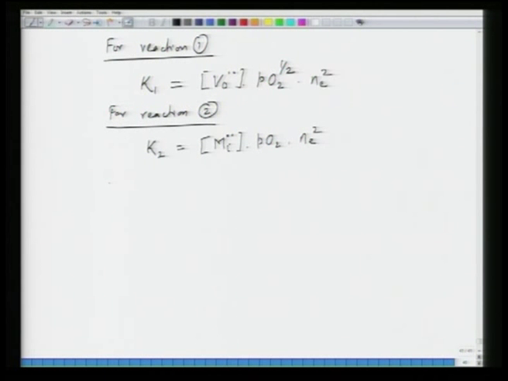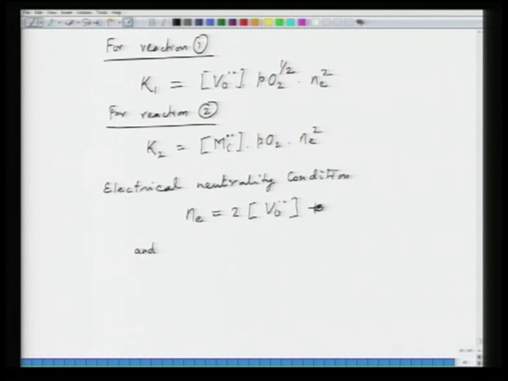Now, what is the electrical neutrality condition? That says that in reaction 1 the number of electrons Ne is equal to 2 VO, and for the second case, from reaction 2, Ne is equal to 2 Mi.